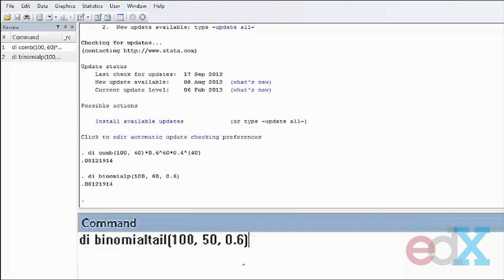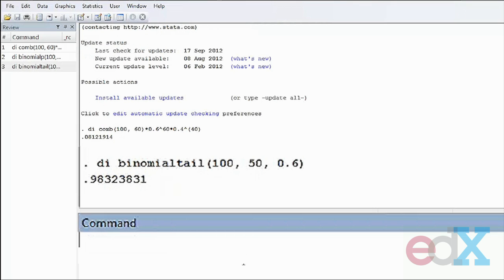When you're doing these calculations with binomial probability, since the binomial distribution is discrete, you need to pay very close attention to whether we're dealing with less than or equal to versus strictly less than, or greater than or equal to versus strictly greater than. In this question, they want to know the probability that at least 50 women are anemic, so the probability that x is greater than or equal to 50, so we can directly use the binomialtail function. We find that that probability is 0.98.